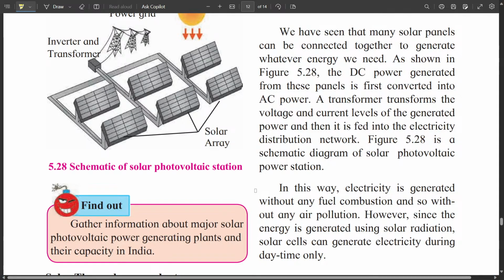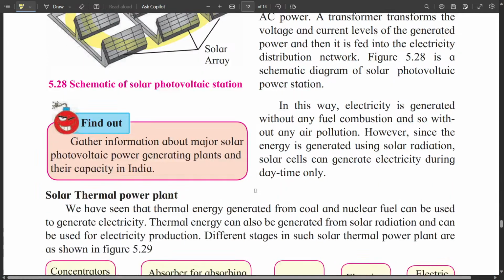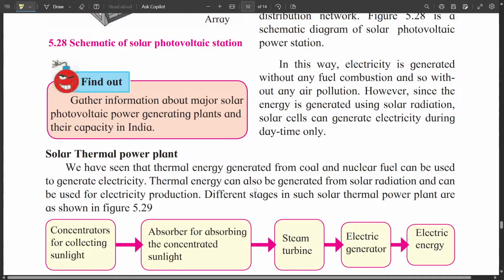Figure 5.28 shows you a schematic of a solar power station. In this way, electricity is generated without any fuel combustion and so without any air pollution. However, since the energy is generated using solar radiation, it can only be generated during daytime.